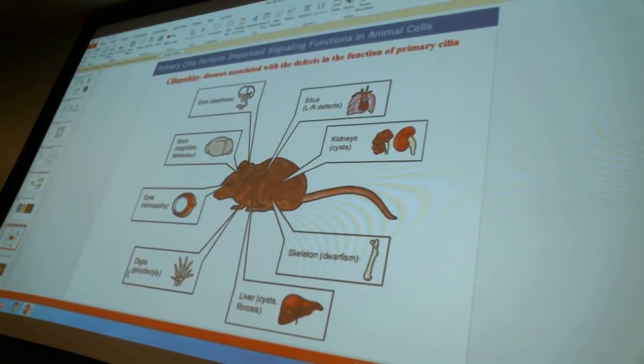We can find problems with hearing, brain cognition, vision, function of kidneys, skeletal structure. So it's a very subtle but yet profound type of problem that takes place if we have a defect within the primary cilia of a particular cell type.